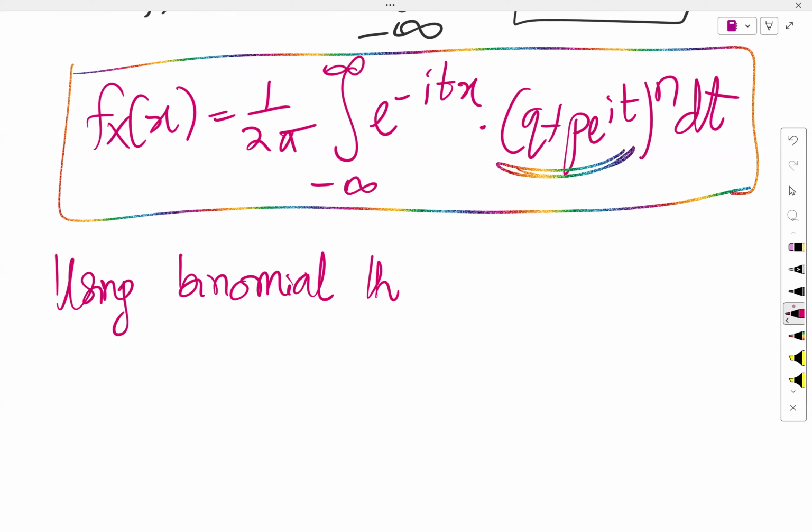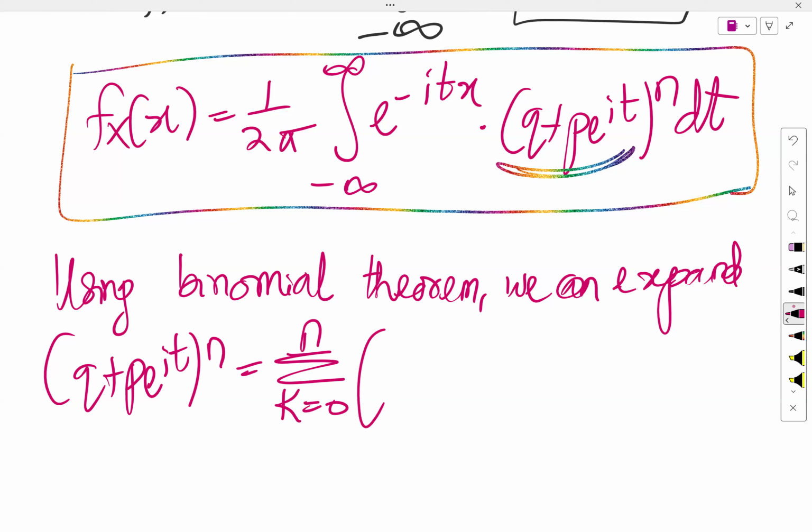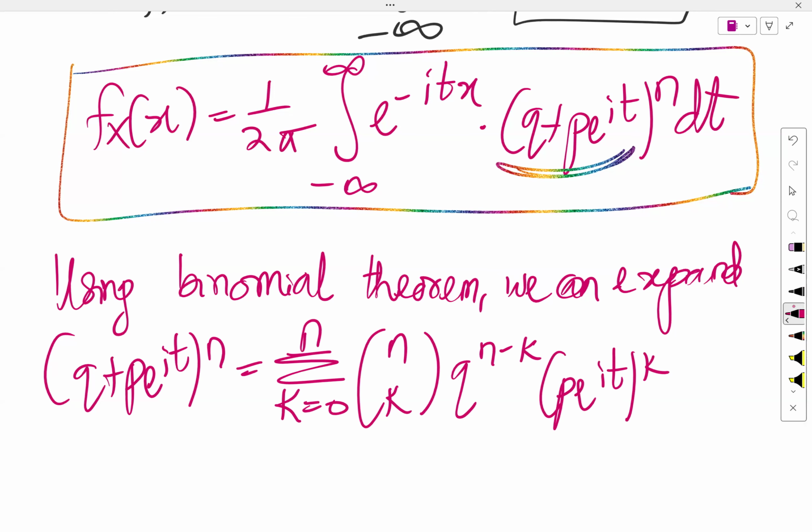So using binomial theorem, we can expand (q plus p e raised power it) raised power n to be the summation from k equals 0 to n of n combination k, q raised power n minus k. Of course, q can be 1 minus p. Then (p e raised power it) all raised power k. So we can have this.